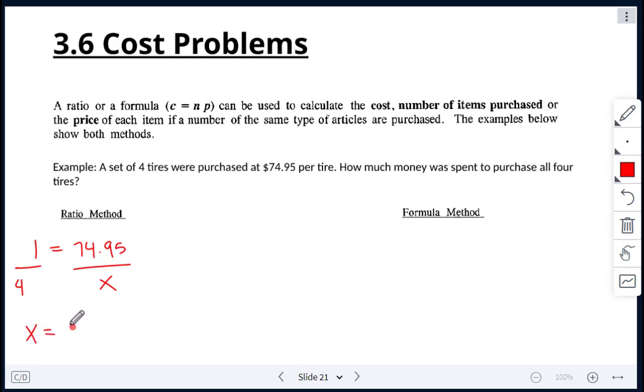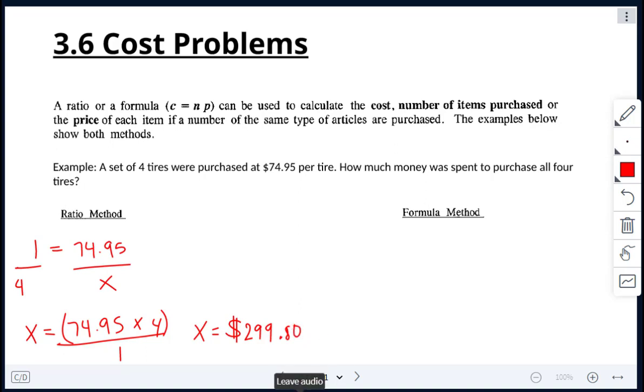So $74.95 times 4, and then divide by 1, which doesn't really change anything. I'll just show that. And then that gives me a total cost of $299.80.